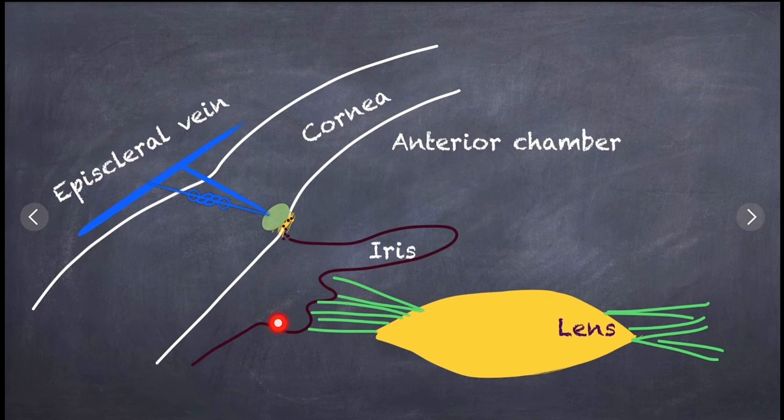Aqueous is produced in the ciliary body through process of diffusion, ultrafiltration, and secretion. I am not going into detail of that. That's a separate topic. As the aqueous is produced, it moves forward through these convolutions, which are called as ciliary processes, which are the main site of aqueous production. This aqueous moves into the posterior segment and then flows through the pupil into the anterior segment.